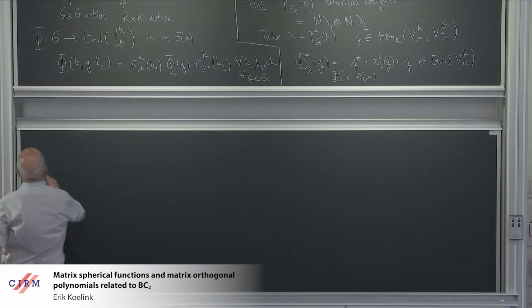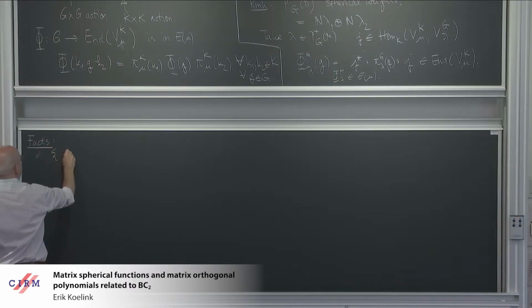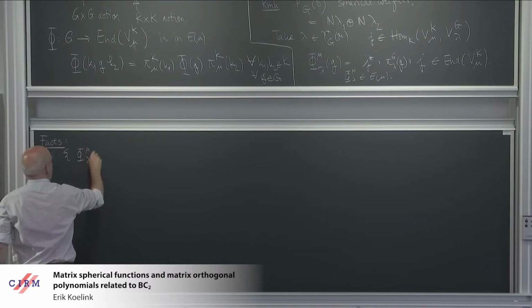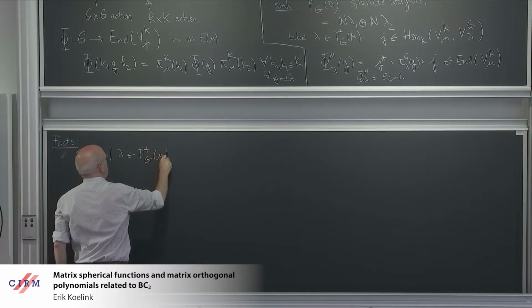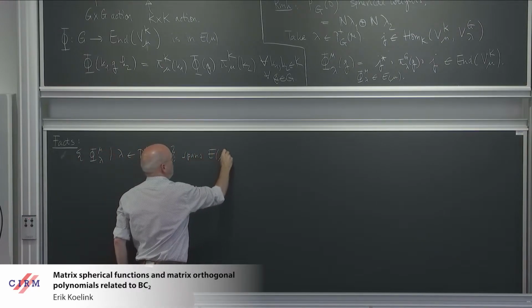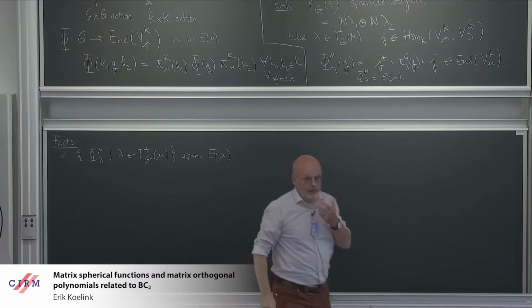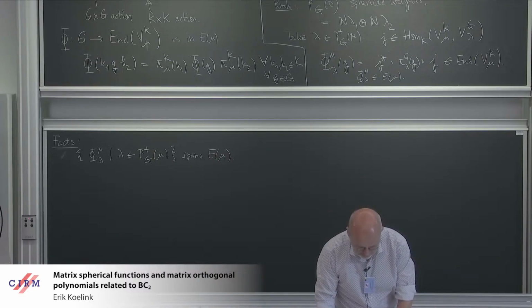Okay, so let's write down a few facts. Well, first of all, this spans, and is actually a basis for these E mu. So you get all of them in this way. That's essentially the Peter-Weyl theorem.